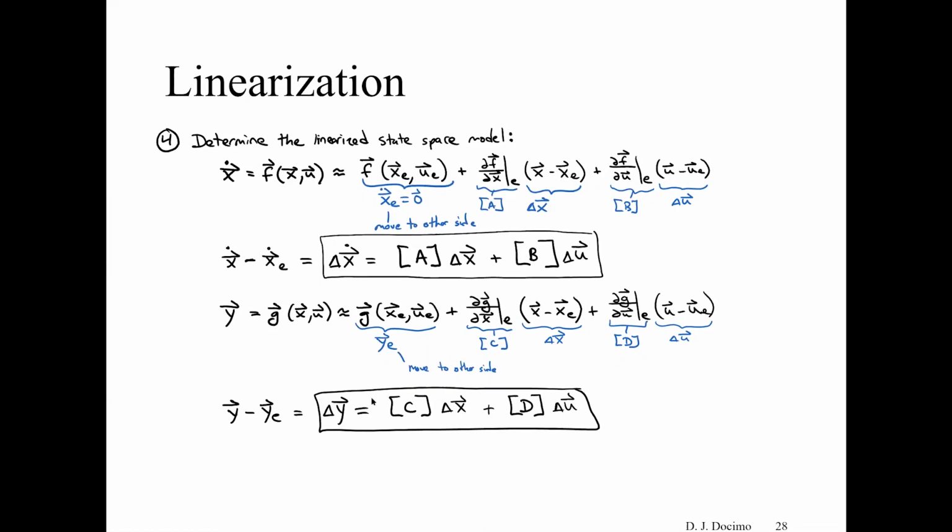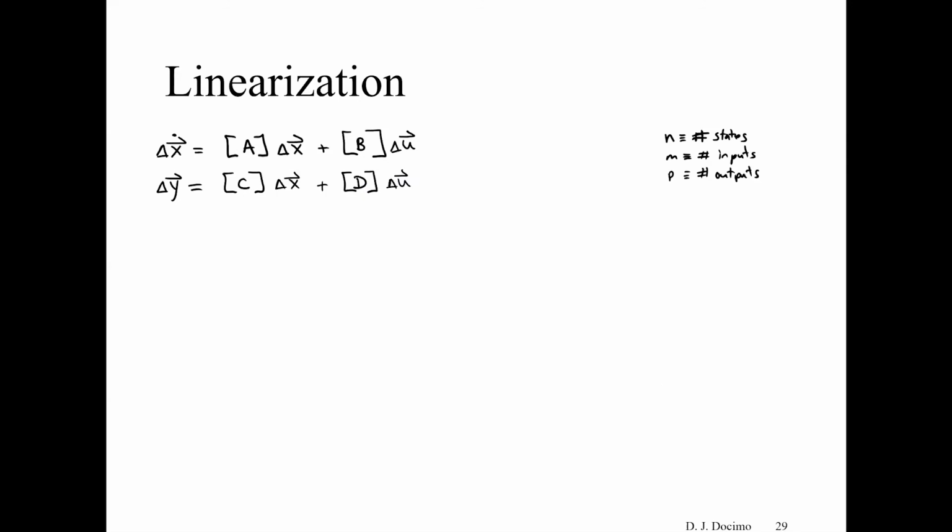We plug them in, and this is what our linearized state space model looks like: delta x vector dot is equal to A times delta x vector plus B times delta u vector, and delta y is equal to C times delta x plus D times delta u.